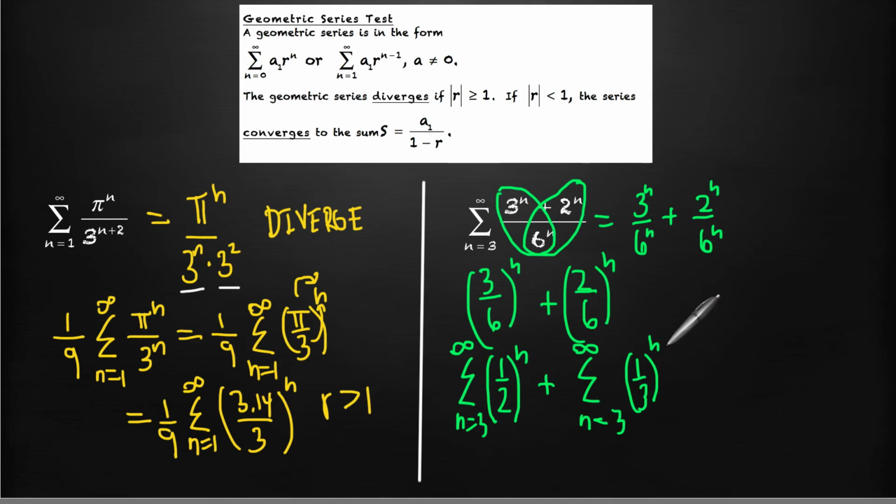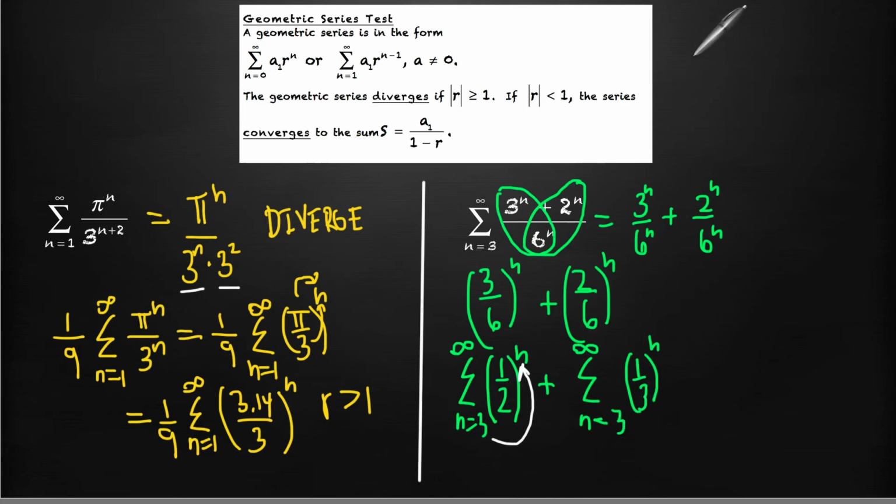So we need to figure out what these two individual sums are and then add them together, and that's what the overall sum is going to converge to. So we'll continue this up here. The first term, you've got to be careful once again. If you plug in 3 into your formula, you will get 1/8.